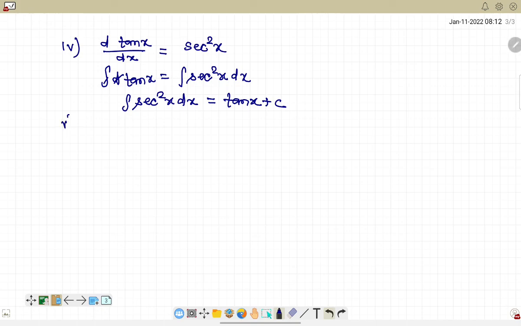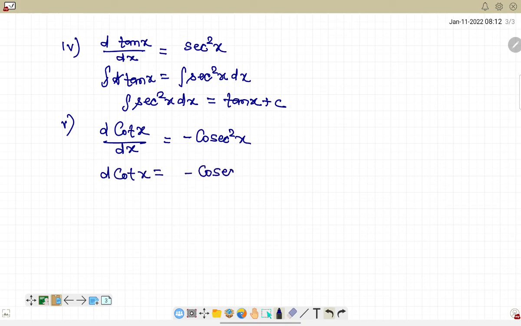Next, the fifth formula. In the fifth formula, we will try to find the differentiation of cot x. So differentiation of cot x with respect to x is equal to minus cosec square x. So if we write d cot x, then it becomes minus cosec square x into dx. Now we can easily integrate both sides.